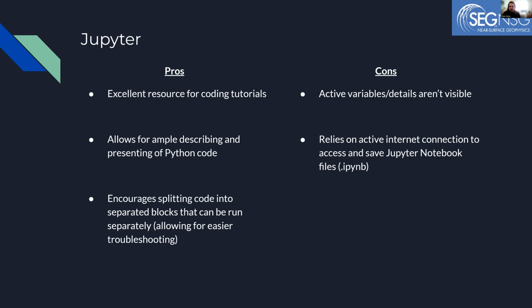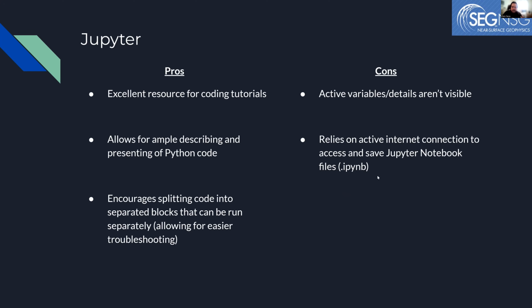Some cons that we'll talk about a little more: as you'll see in one of the other softwares we'll be talking about, seeing what variables and parameters are stored in your Python code and can be accessed is not as easy or instant in Jupyter notebooks as it is in Spyder, the other one we'll talk about.